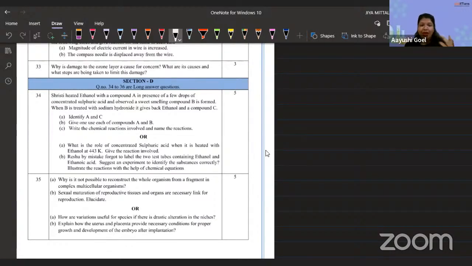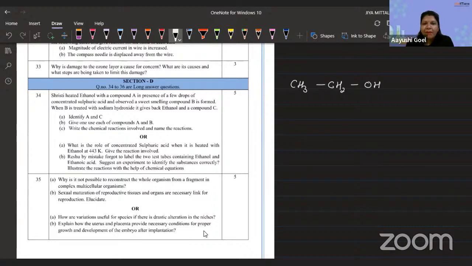Now let's see how to write the big questions like question number 34. Okay. This is from the chapter which we are currently doing. So this chapter is basically carbon and its compounds, and you can see that it is a completely reaction-based question. So they have taken the ethanol. Those who don't know ethanol, it's an alcohol, CH3CH2OH.